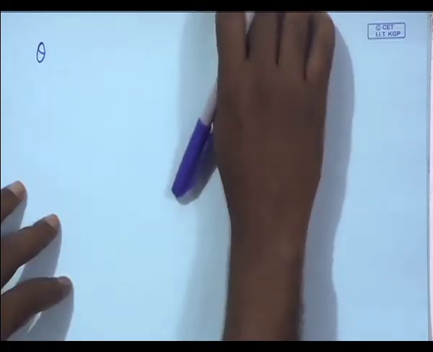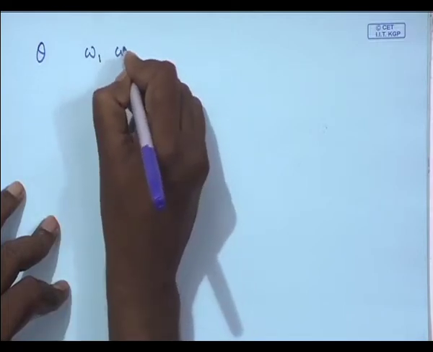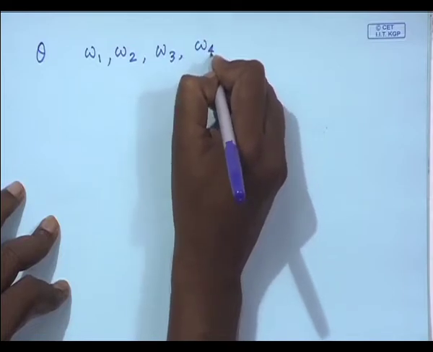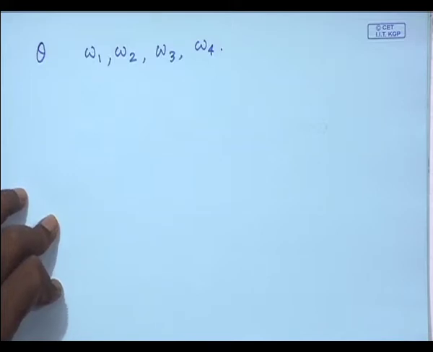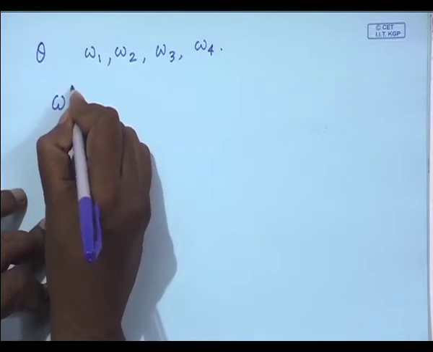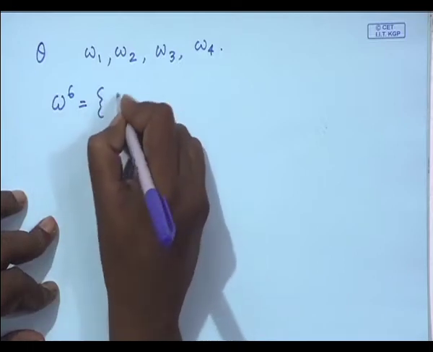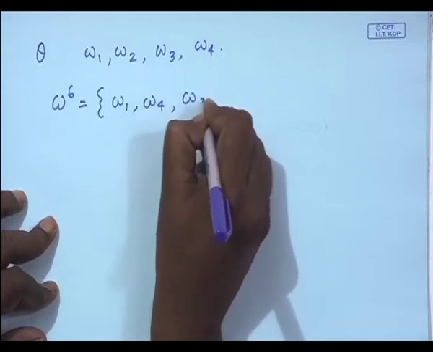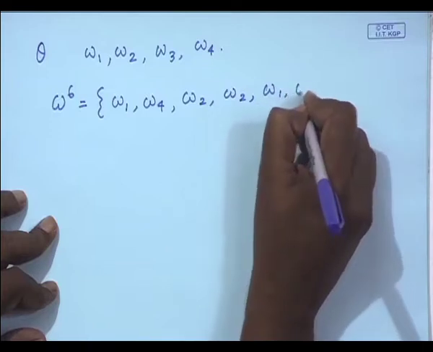Suppose we have been given a sequence of 6 states, omega 6, where this sequence is omega 1, omega 4, omega 2, omega 2 again, omega 1, omega 4.